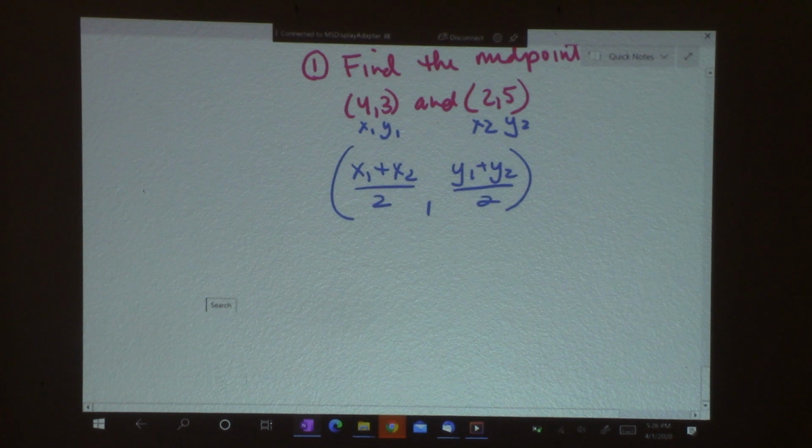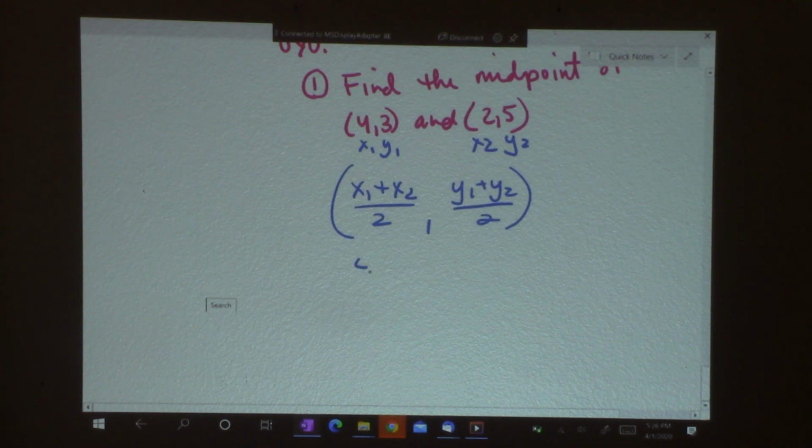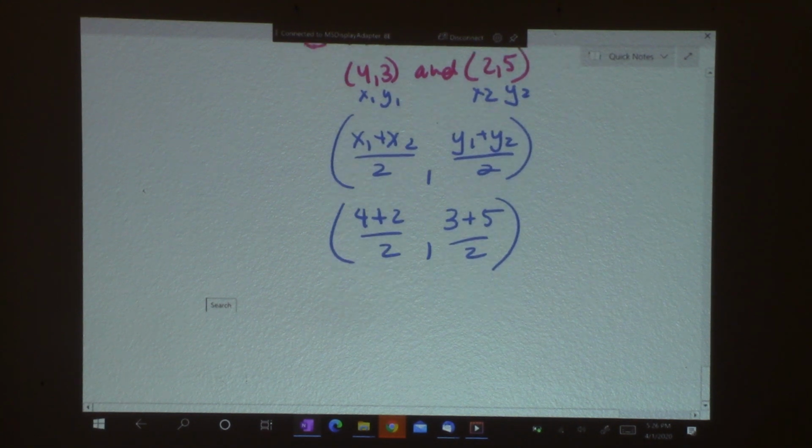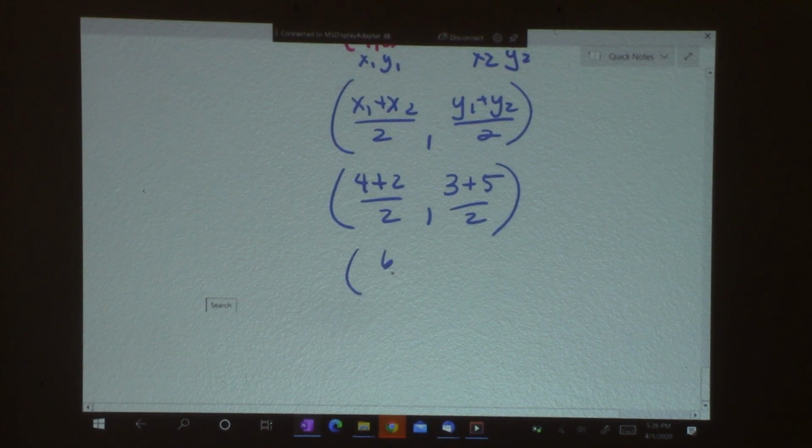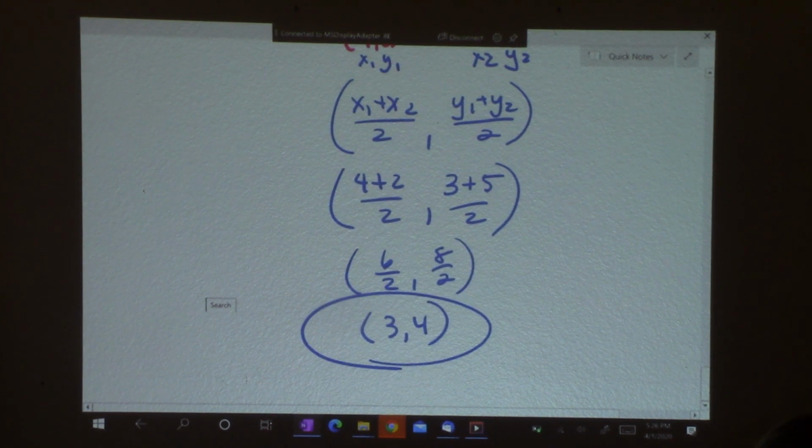So I have 4 plus 2 over 2, and y1 is 3, and y2 is 5. So I get 6 over 2 and 8 over 2, and that becomes (3, 4). So the midpoint of those 2 points is (3, 4). Okay, we're done with our lesson.